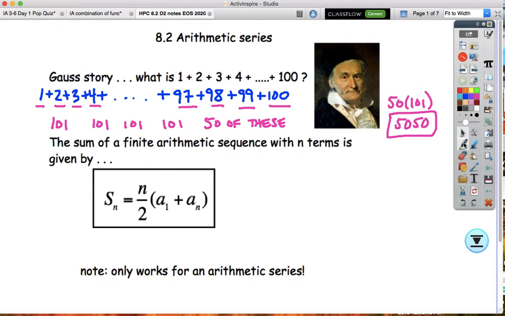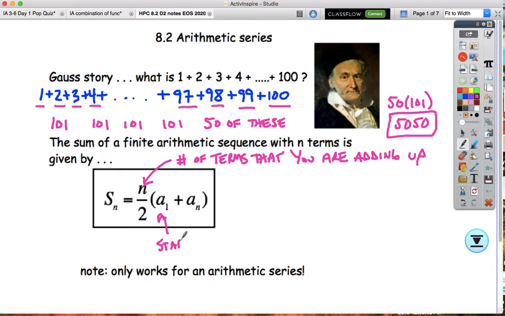So here's how the formula works. n is the number of terms that you are adding up. a sub 1 is your starting term. And a sub n is your ending term.